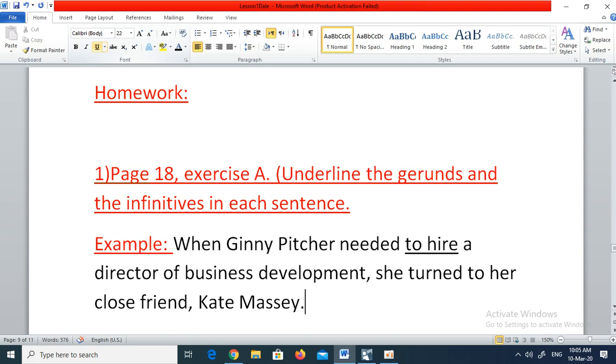Now, there is another to in this sentence where it says she turned to her close friend Kate Massey. That is not an infinitive. Remember our definition of an infinitive?